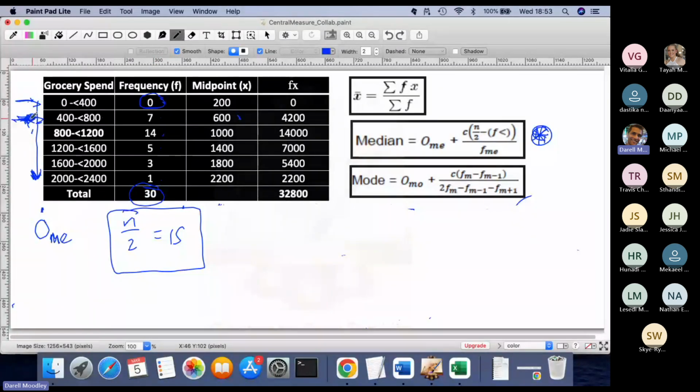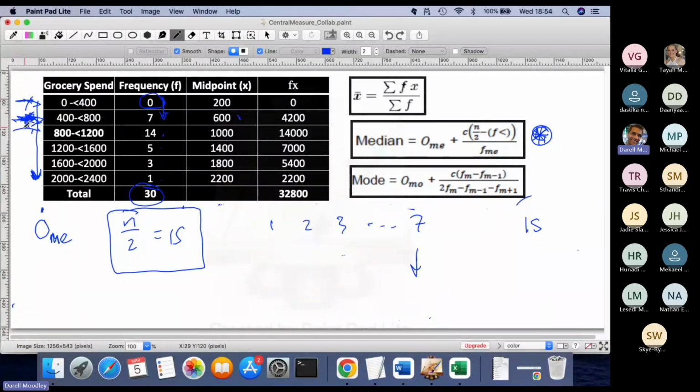When you get to the second interval, you have 7 people in total. So if we are still ranking them, there's 1, 2, 3, all the way to 7. That 15th person cannot be in that interval. So the second interval is not the interval either.